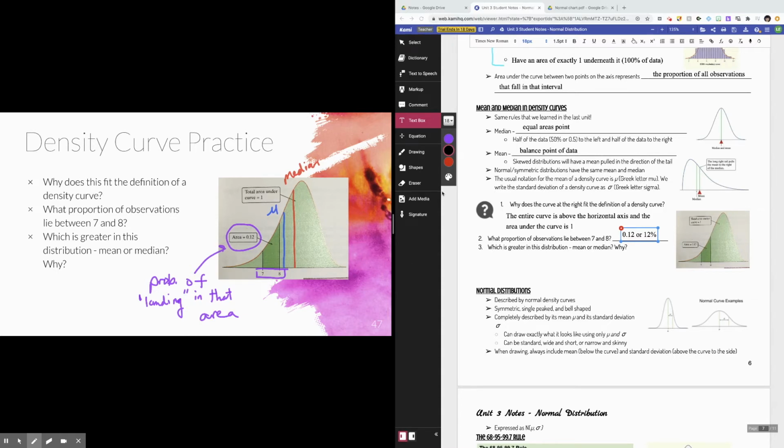So the value that is greater in this distribution is the median, okay?